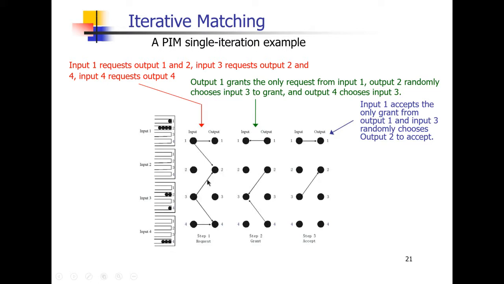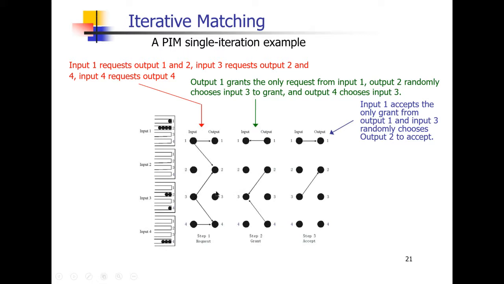But we can also eliminate request 1 to 2, because since we have decided to accept this request, this input will be engaged in this time slot to transfer one cell, and then it cannot transfer a second cell. So this request will never be granted in any iteration.